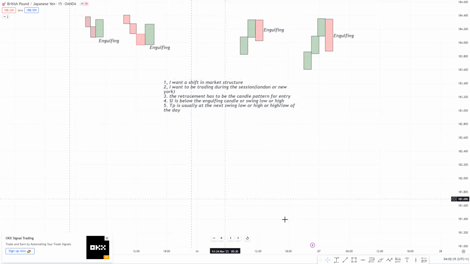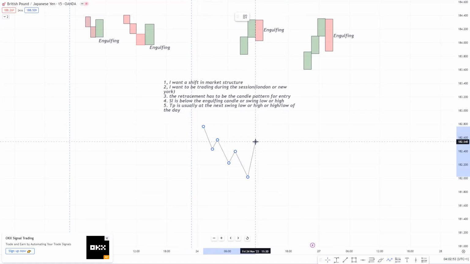So I want a shift in market structure. What do I mean? Let's look at a buy model. The market makes lower lows, right? Then the market makes a higher high. From this higher high, I want to see the 3-bar pattern. Red, red, green.